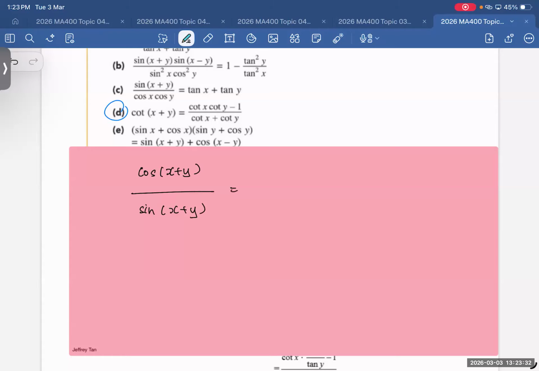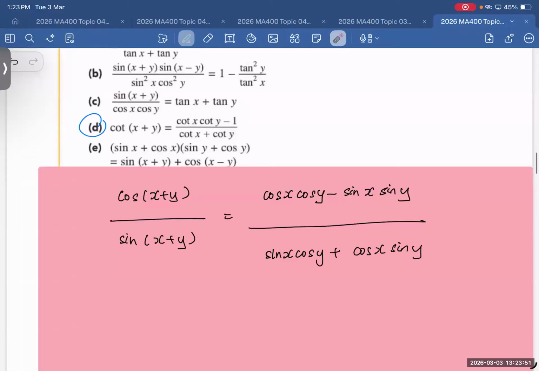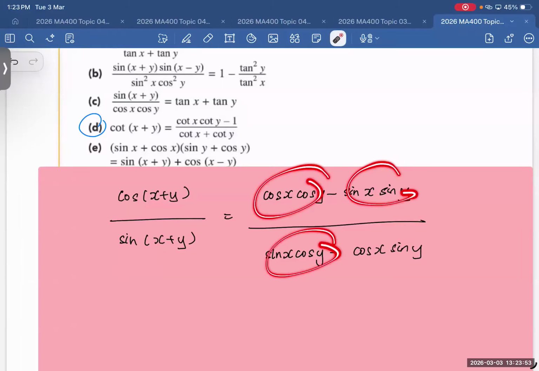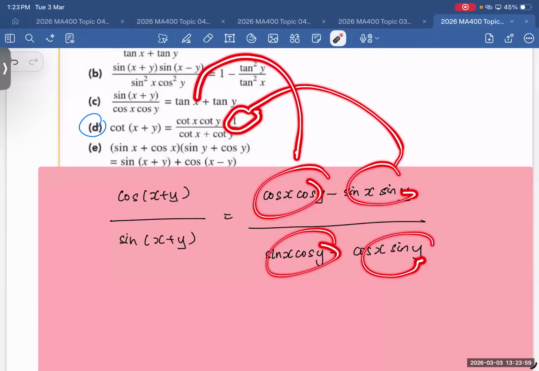Then I write it as cos A cos B minus sin A sin B. This is the same as sin A cos B plus cos A sin B. And I look at how, you see there are 4 parts here, 1, 2, 3, 4. So this part is supposed to look like this, and this part is supposed to look like this.